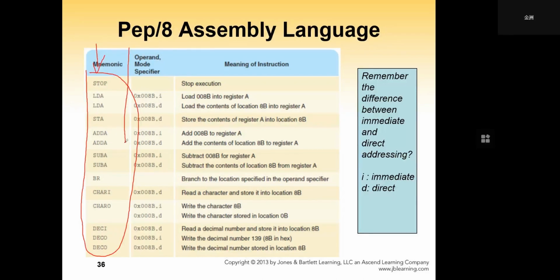And here is the operand specifier. Here I represents immediate addressing, D represents direct addressing mode. So here is its addressing mode, and here is its operand or the address of the operand. And here is the meaning of each instruction. Anyway, you can see it is much easier for human beings to read.